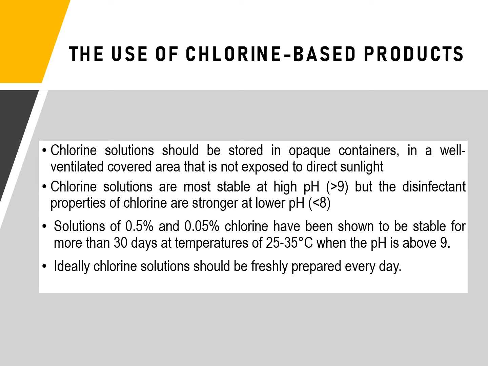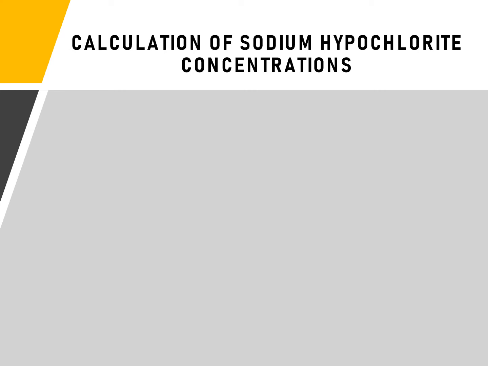Several tests can be used to gauge the chlorine strength, and these include chemical titration, chemical spectrometry or colorimetry, and the use of color wheels and test strips, in order of decreasing accuracy. Commercial sodium hypochlorite products with different levels of concentration may be readily available for use in a variety of settings.